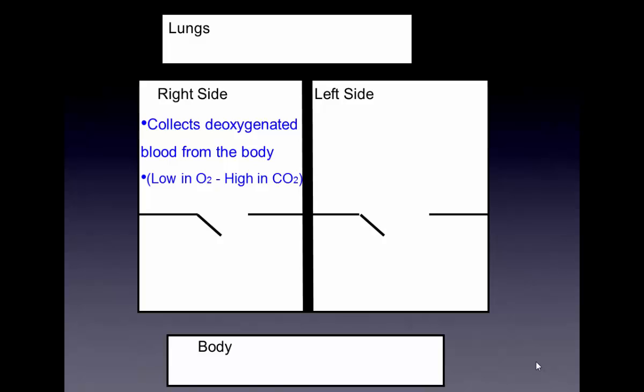So where do you think that blood needs to go? It's got to go to the lungs. And it does. The right ventricle pumps that blood all the way to the lungs.